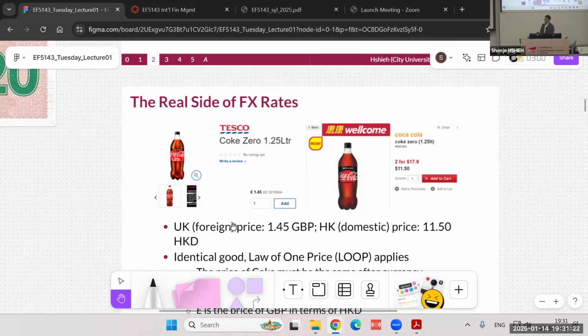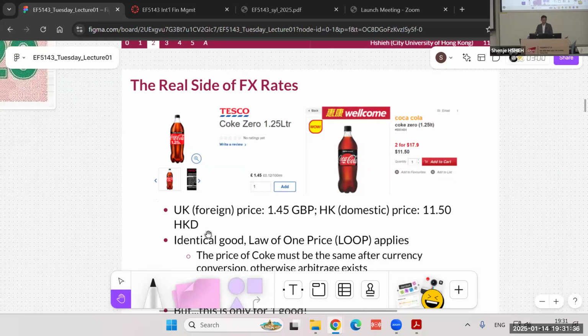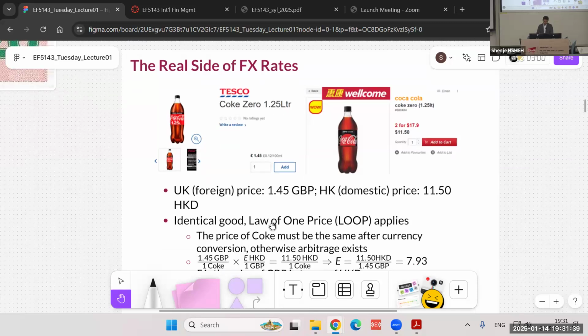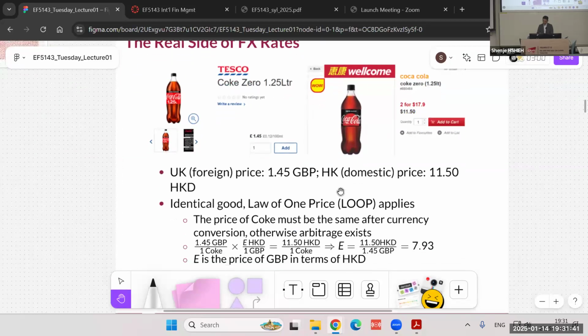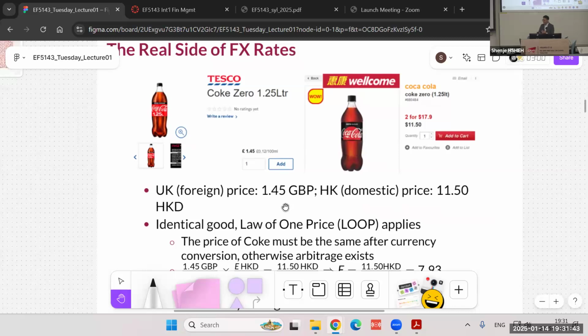So I think the best way to show this is just to try to derive the exchange rate by comparing homogeneous goods that are being sold in two different countries. Okay, so let's just walk it through, right? What does the exchange rate really represent? So we can do that by trying to derive the exchange rate based on goods that are identical across countries, and assuming there are no tariffs, etc.